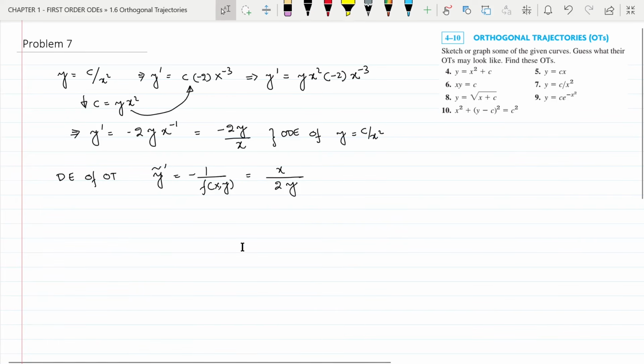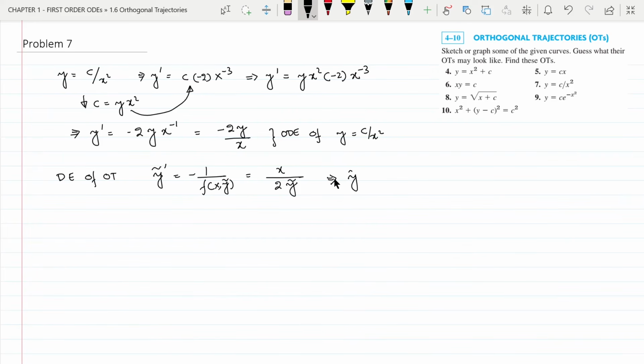The same thing, we have inverted this, which becomes x by minus 2y, then take the negative, which is x by 2y, or x by 2y tilde. Here it will be f of x y tilde. So now we have the differential equation of the orthogonal trajectories, and let us solve them now.